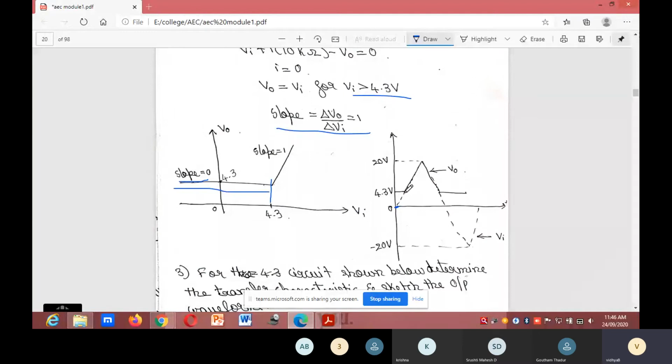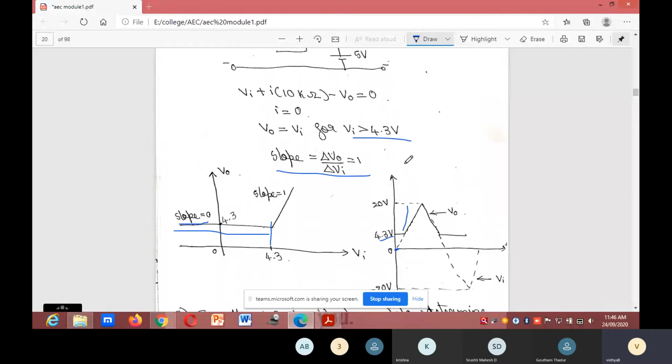When Vi is greater than 4.3 voltage, V naught is equal to Vi. And the output, we have 20, so draw the same output line on top. Again here, all of this is less than 4.3.